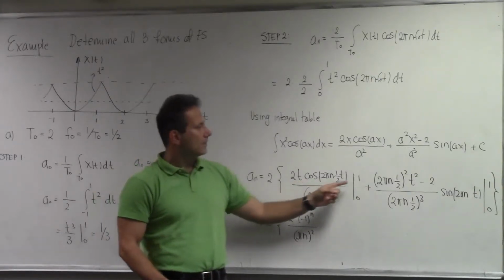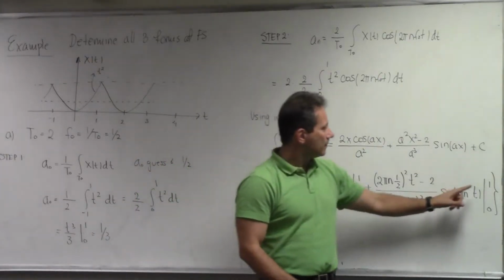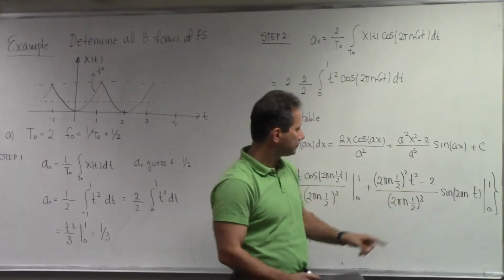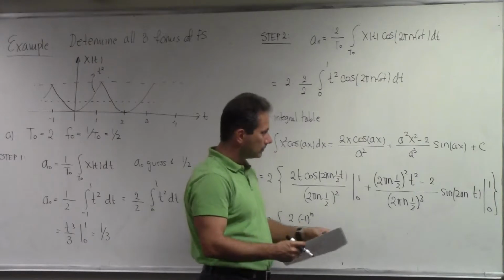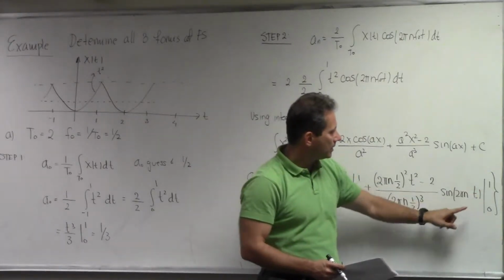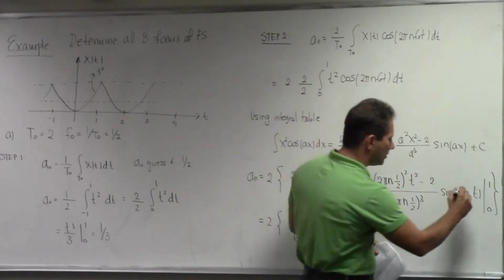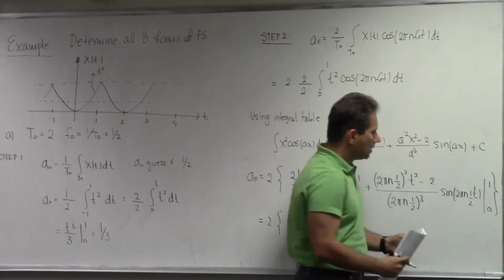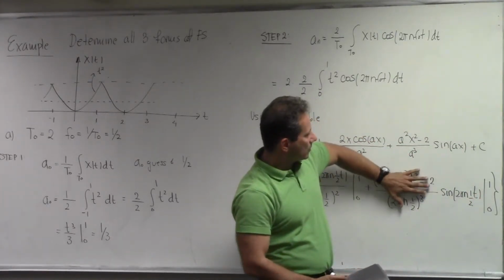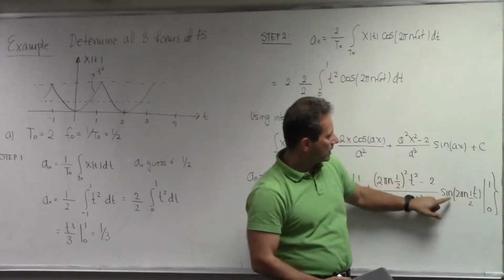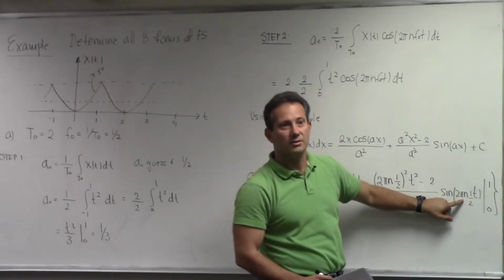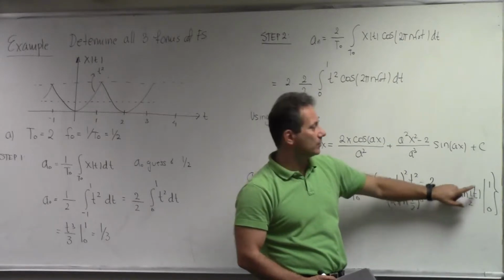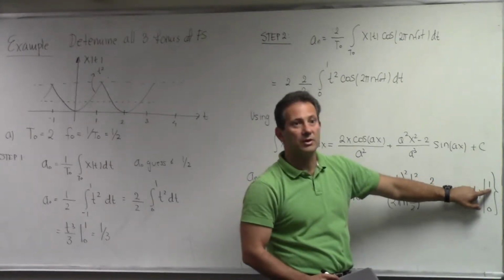Right? If I look at the second term, if I put 1 in here, let's not worry about this for a moment. If I put 1 in here, then you have sine of n pi. What is the sine of n pi? 0. So for the upper border it is 0.